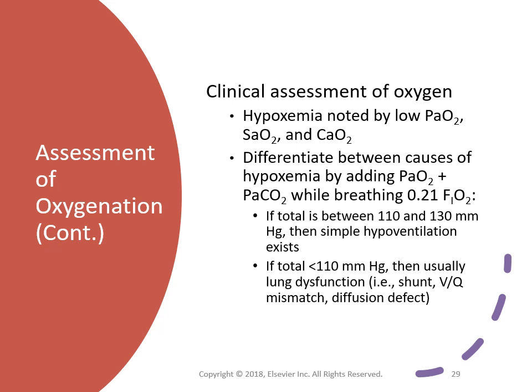You have to differentiate between the causes of hypoxemia by adding the PaO2 and PaCO2 while breathing room air. If the total is between 110 and 130 millimeters of mercury, then simple hypoventilation exists. If the total is less than 110 millimeters of mercury, then usually lung dysfunction, either shunt, VQ mismatch, or a diffusion deficit exists.